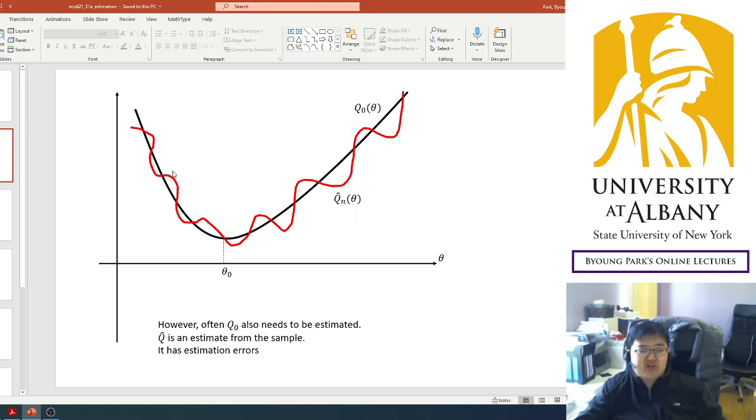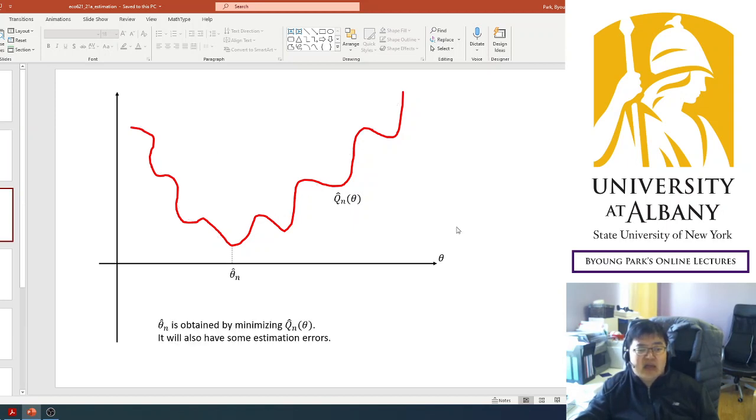And then let's see, what you observe in practice is only the red line, the red function, q hat. q0 is never observed, and its minimizer is here. Theta hat n is the minimizer of this estimated criterion function. This is your estimator. If there was a different form of error, then your estimator would be maybe different.